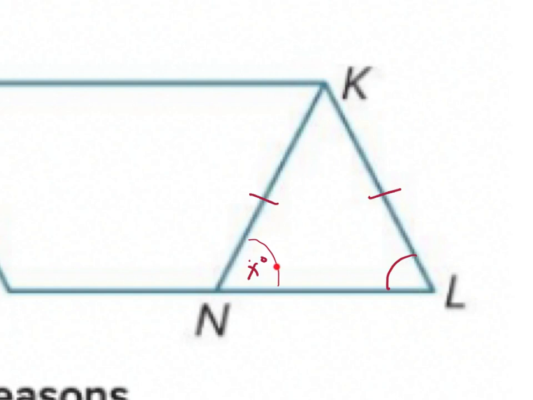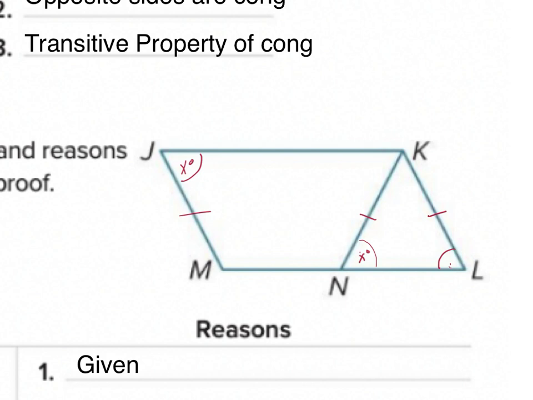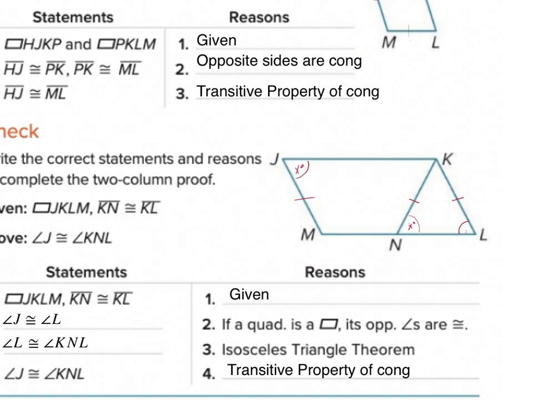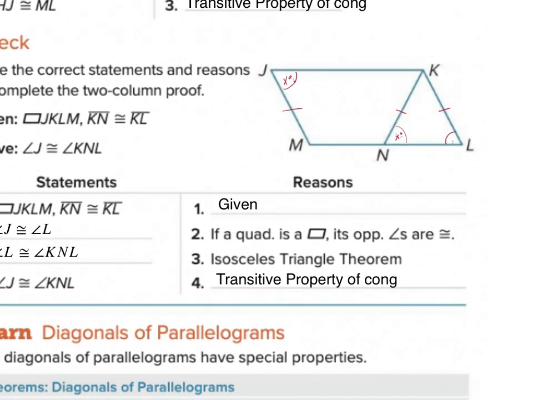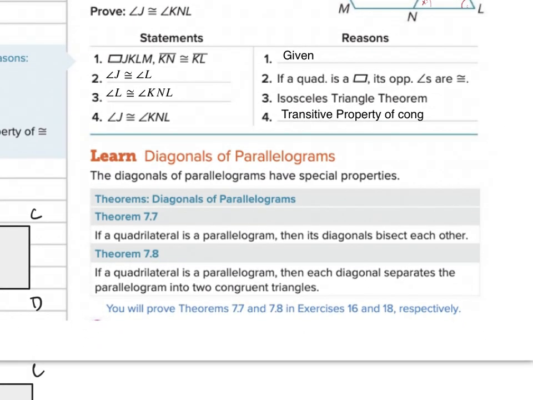If this is congruent to this, then if you look, this is also congruent to that. So we were able to prove those two are congruent, and I think that's what they asked us to do. They asked us to prove that was congruent to that. So we were able to do that using the base angles of an isosceles triangle.